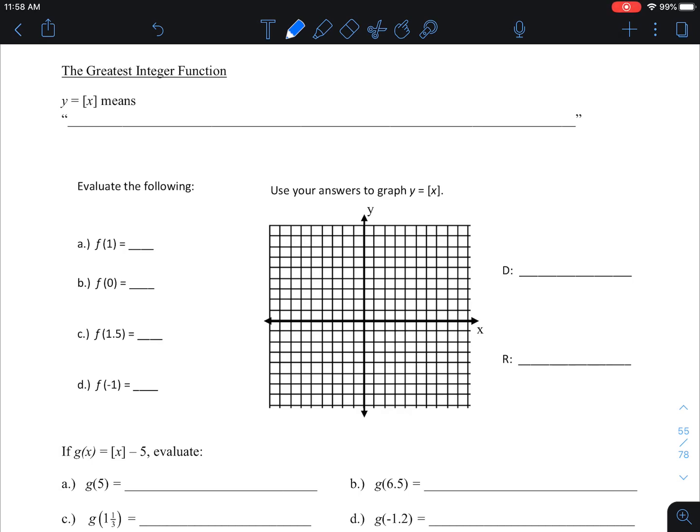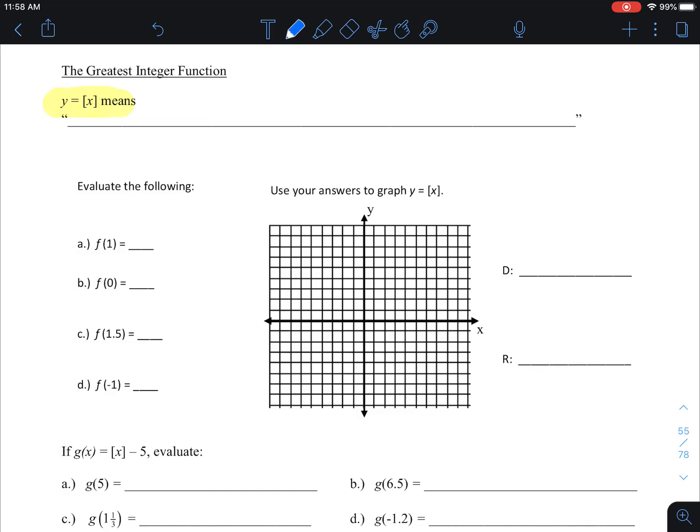So a specific example of a step function that is commonly used as an example is the greatest integer function. It's denoted over here, and it's y equals, and then you have the square brackets around x.